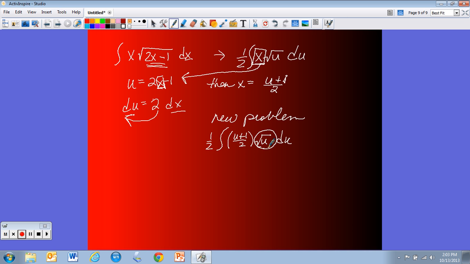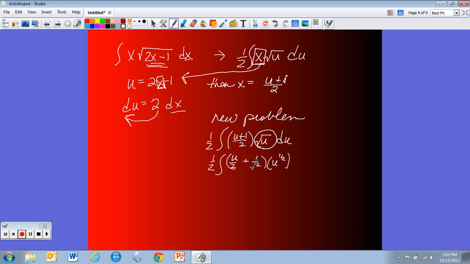So let's be careful on this. This algebra may trip you up a little. (u plus 1) over 2 is the same as u over 2 plus 1/2, right? That's all times u to the 1/2. So I haven't done any integration yet, guys. I'm just doing some algebra here. Rewrite this.